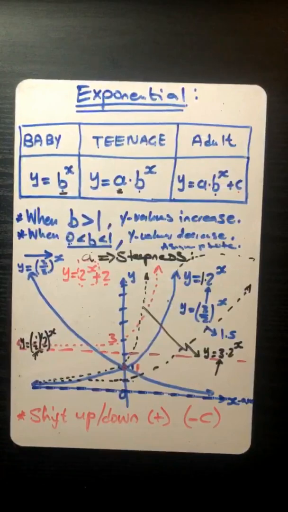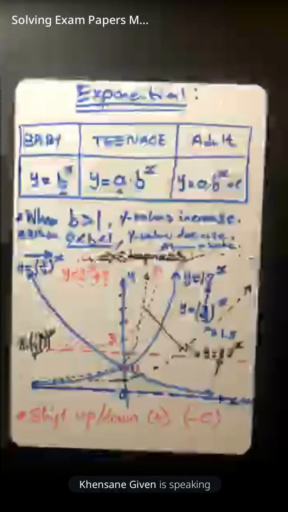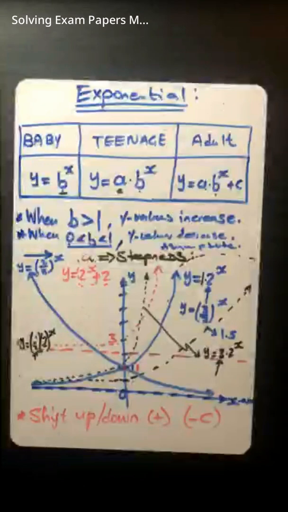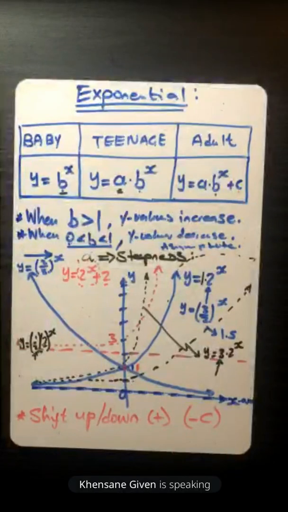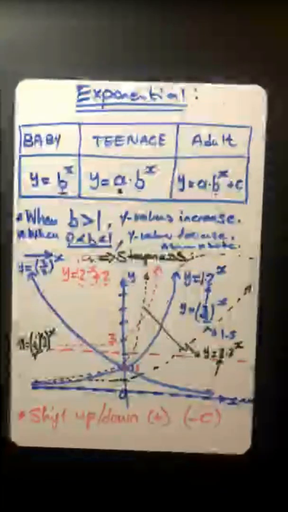Sir. Sir. Mr. Given, is it Given? Oh yes, Given. Okay, sir. So there was a little bit of a problem because there was load shedding.